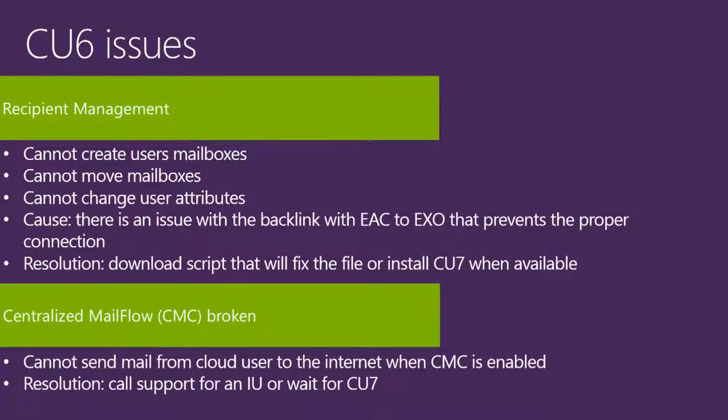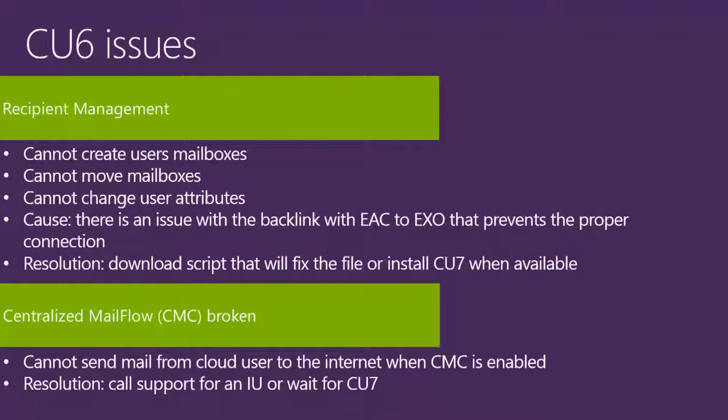That means if an external person sends a message to an Office 365 mailbox, it goes to the MX record, to your Exchange server on premises, and that will then forward the message over its connector to Office 365. If someone in Office 365 sends a message out to the internet, that message will be routed through the connector to on-premises, and from on-premises it will be sent out to the internet. Hence the feature name centralized mail flow, because it's centralized on-premises.